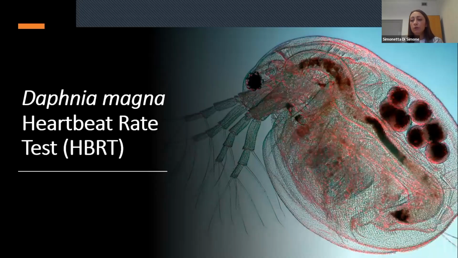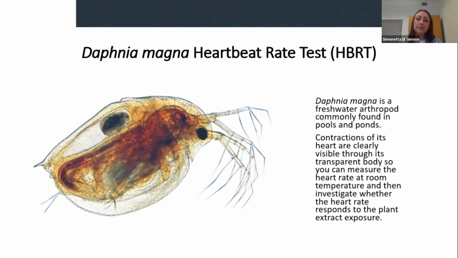So let's move on to the third eco-toxicological assay that we perform in our studies, that is the Daphnia magna heartbeat rate test. Daphnia magna is a freshwater arthropod commonly found in pools and ponds throughout Canada, in the northern and western parts of the United States, for example.